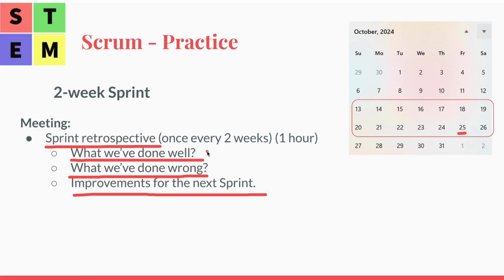What we've done well, we would like to continue. What we've done wrong, we need to list them and correct them. And that will be the improvements for the next sprint so that we will do better for the next sprint.